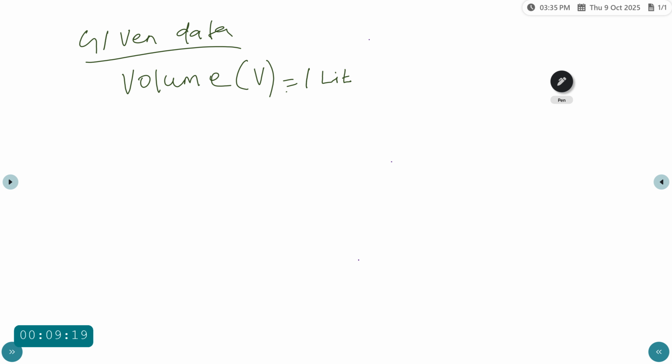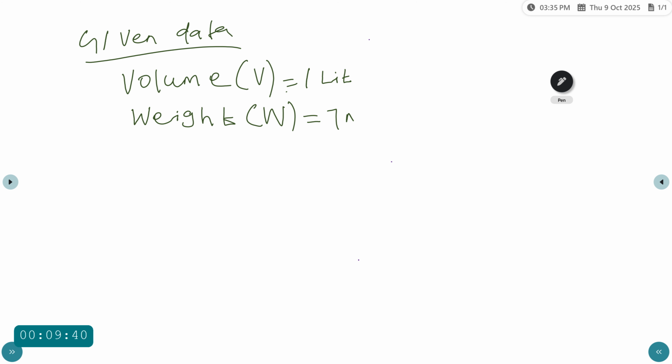Weight is also given. Weight is generally denoted as capital W. The weight of the petrol is 7 Newton.